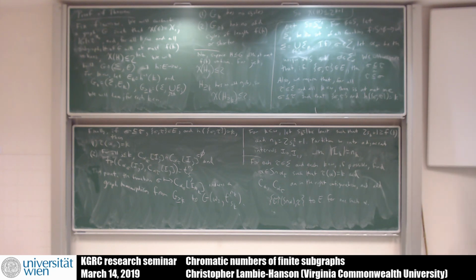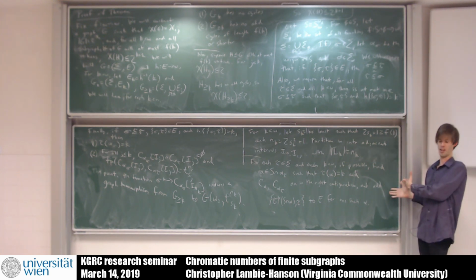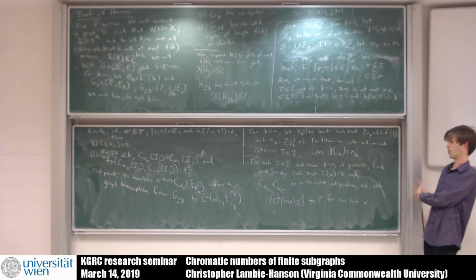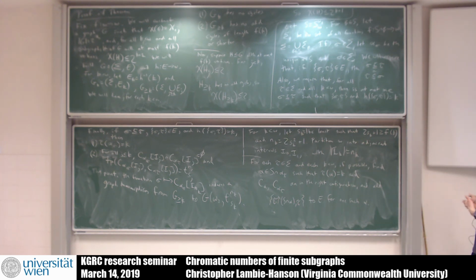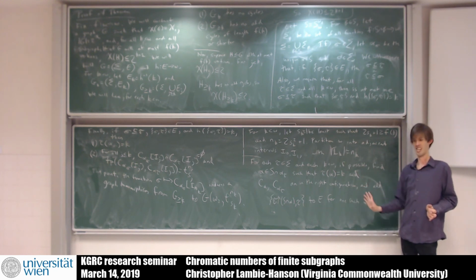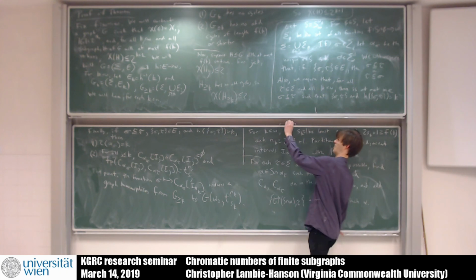Now it is clear, I hope, that this implies that the finite subgraphs behave as they should: a subgraph with at most f(k) vertices will have chromatic number at most 2^k + 1. What remains to show is that the chromatic number of the resulting graph is aleph_1. In the last 7 minutes, I'm going to try to do this.